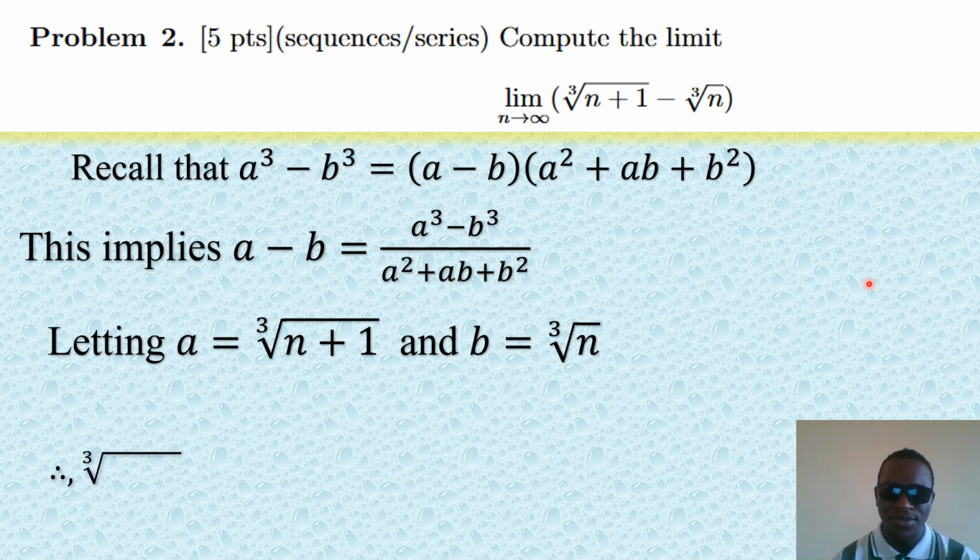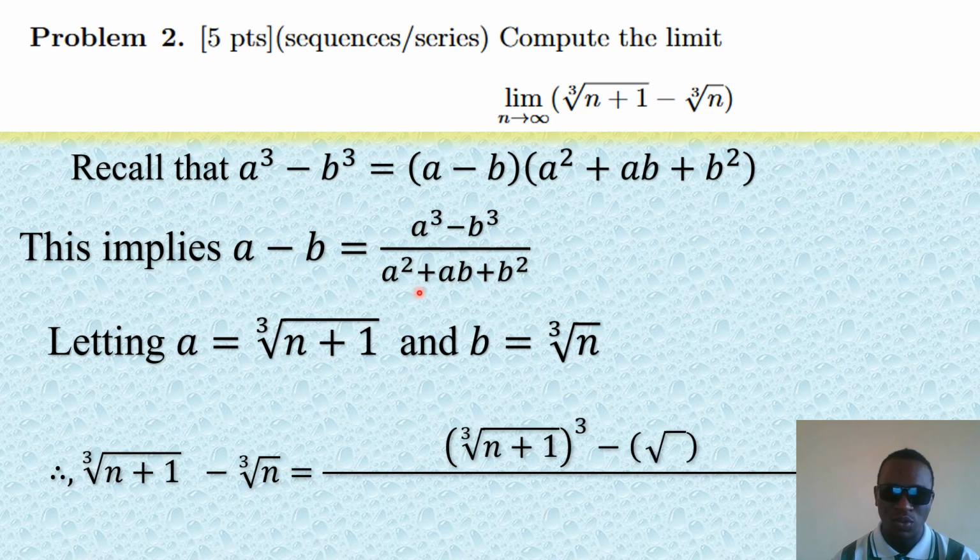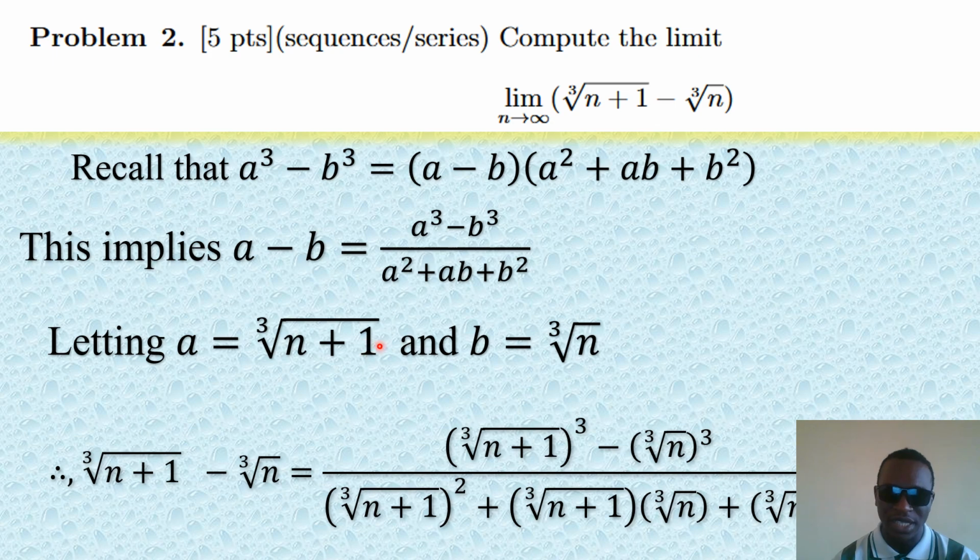So replacing, I'll be having this 1 cube, that's a cube, you replace the cube root of 1 plus n, cubed, minus the cube root of n, cubed, divided by a squared, which is the cube root of 1 plus n, squared, plus the product of a and b, so this times this, as you can see there, plus now b squared. b is the cube root of n, so you have the cube root of n, squared. From here on, I will now copy this expression in the next slide so that we'll simplify it together.